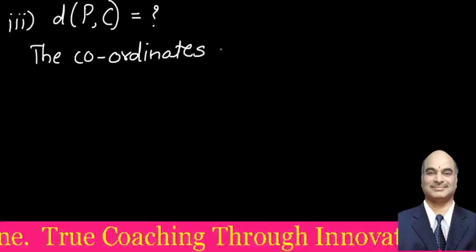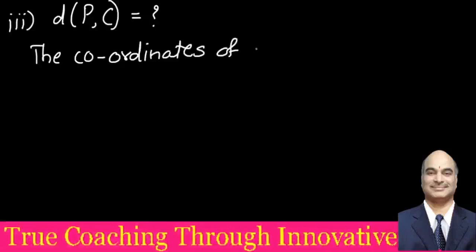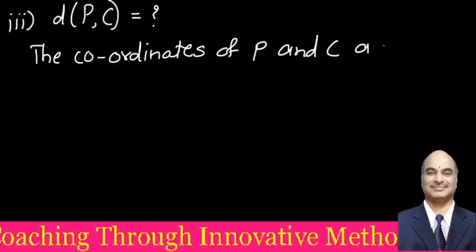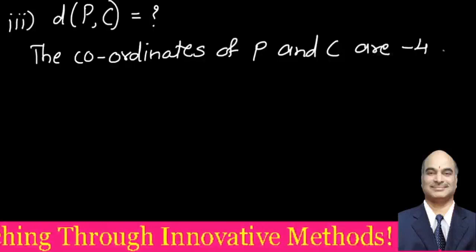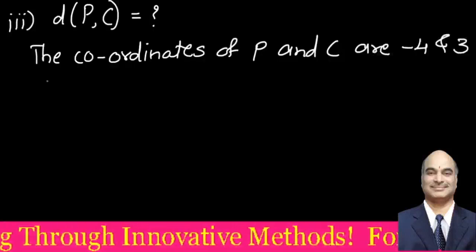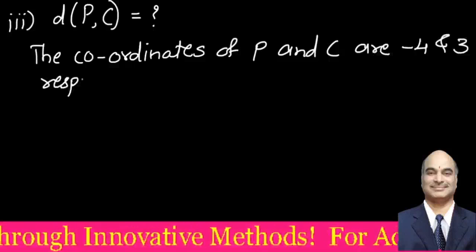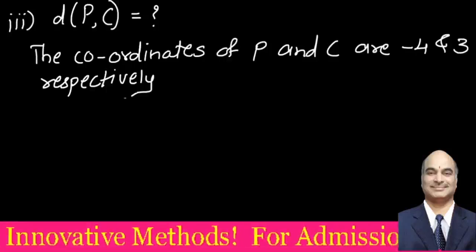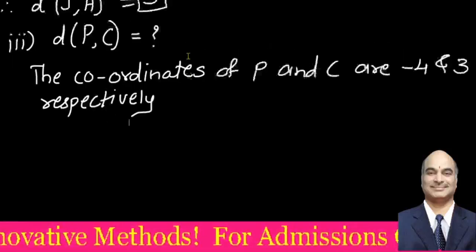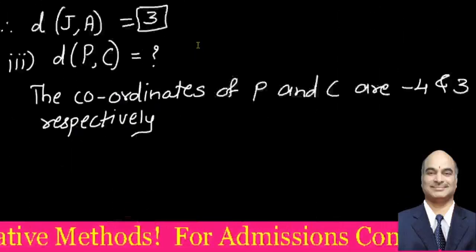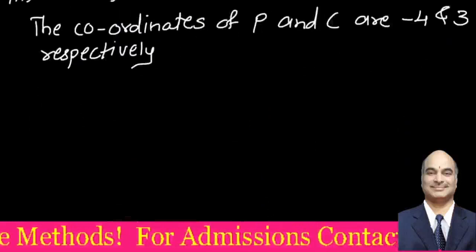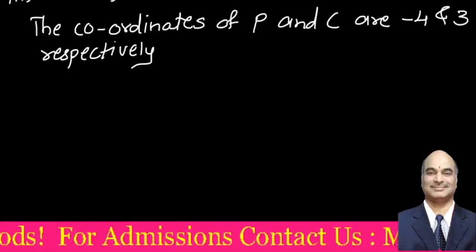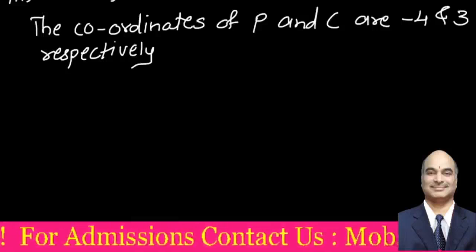The coordinates of P and C are -4 and 3 respectively. So if you look at the given figure, P has coordinate -4 and C has coordinate 3.